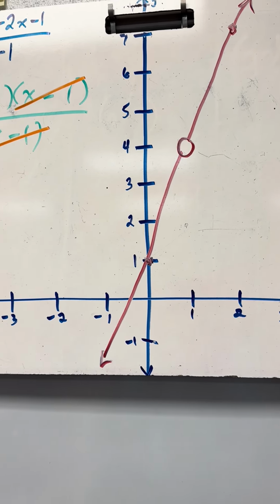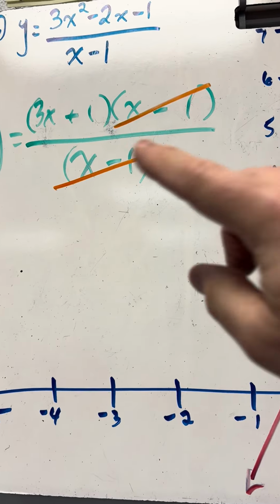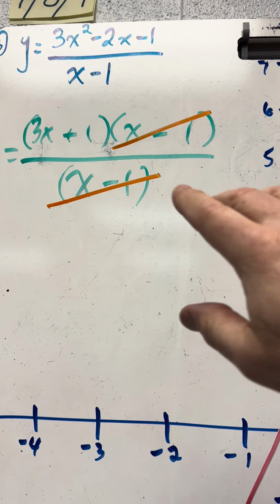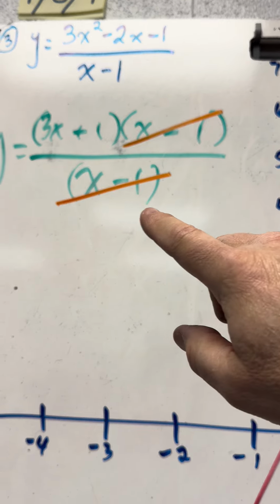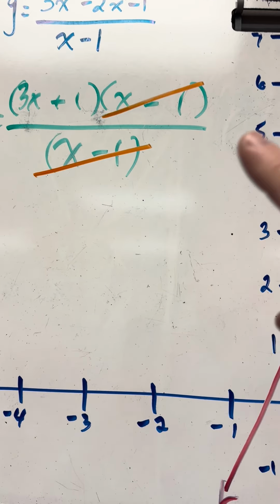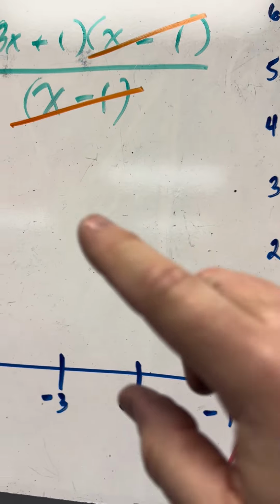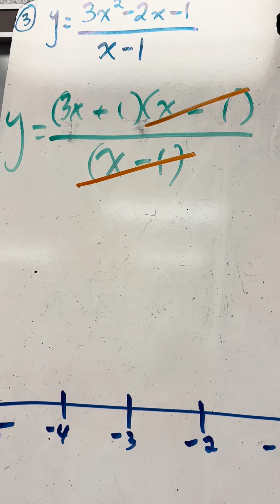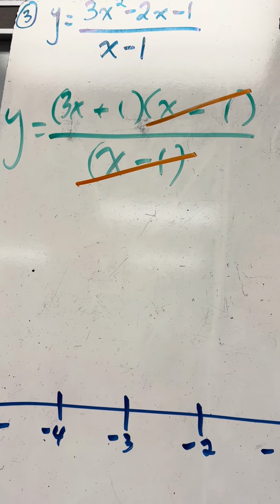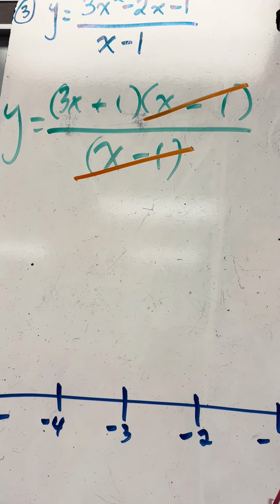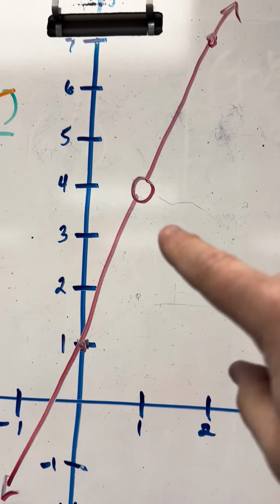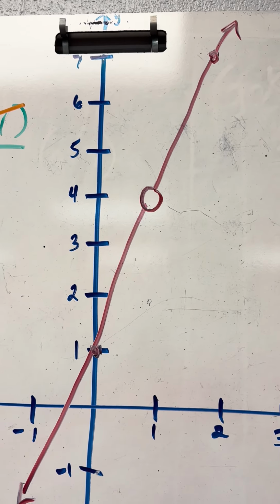But here, when two terms basically cancel like this, you still cannot have, for example, here, x equal to 1, because that would create a denominator of 0, okay? Even though it canceled, what happens is it creates what's called a hole, okay?